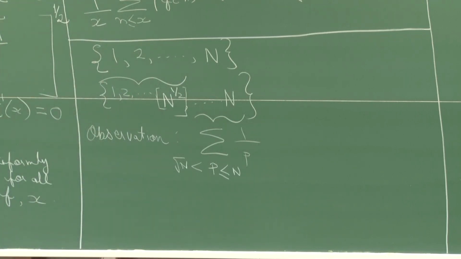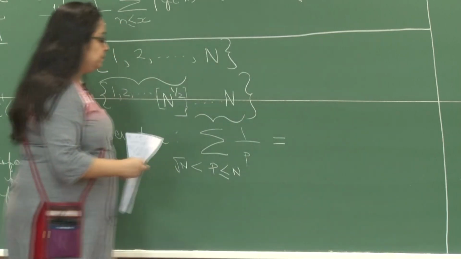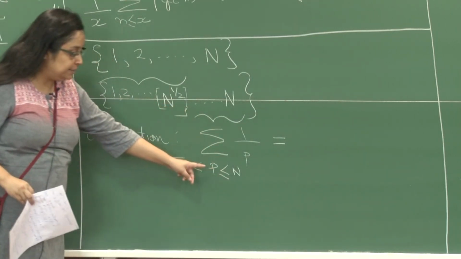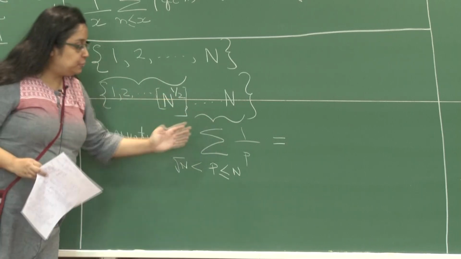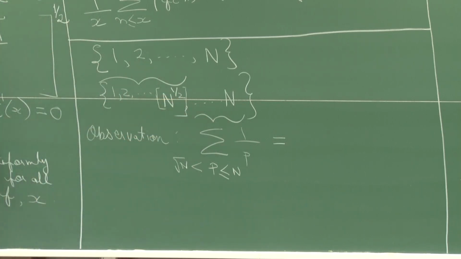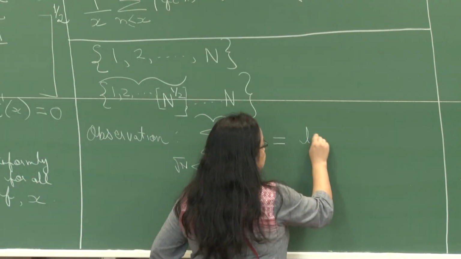Can you give me an estimate for this? Now this is a sum that we spent a lot of time studying. So this is basically the sum of all the reciprocals of primes up to capital N minus the sum of all the reciprocals of primes up to square root of n, and therefore we already know how those behave asymptotically.